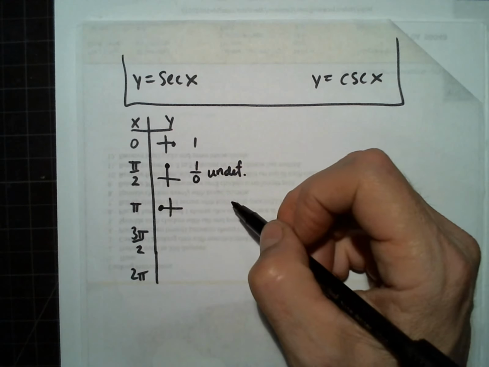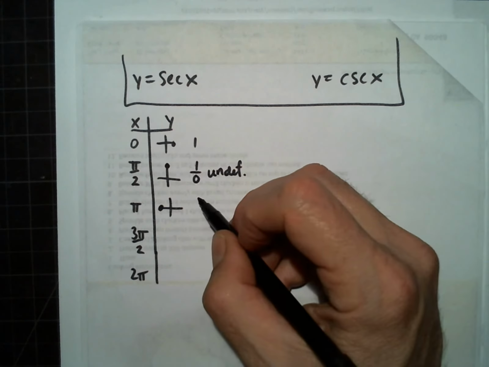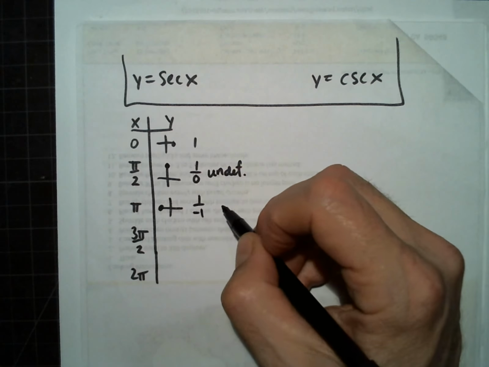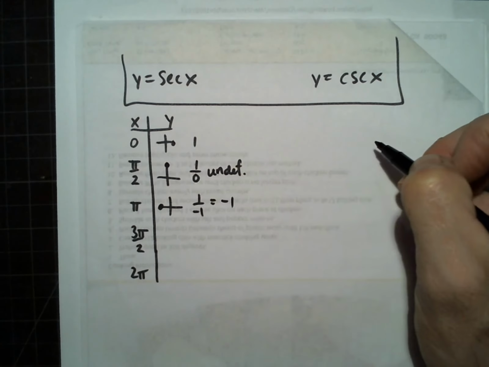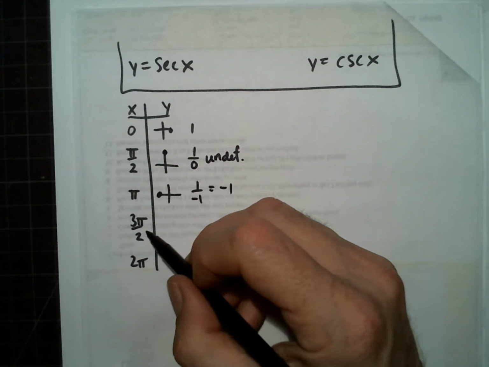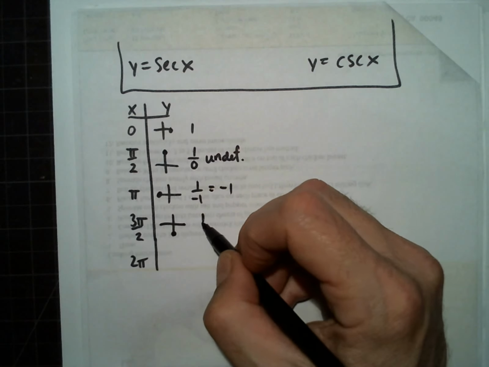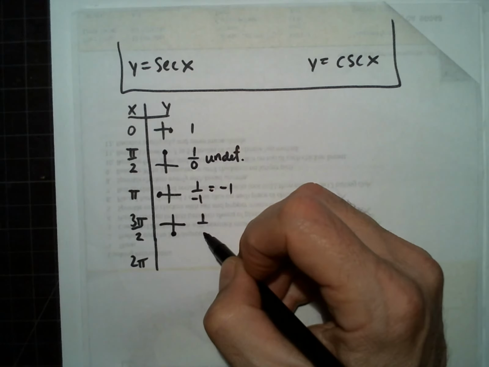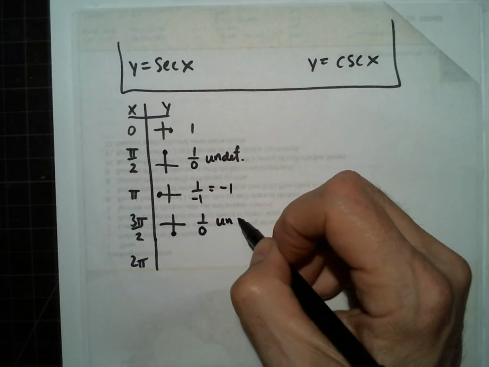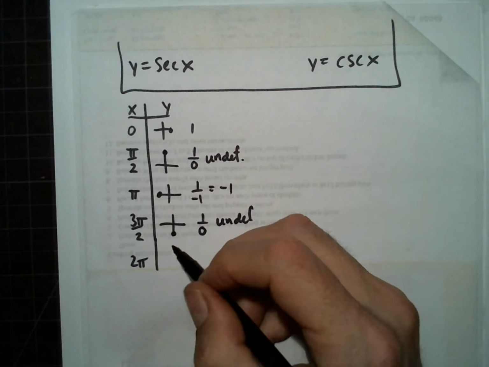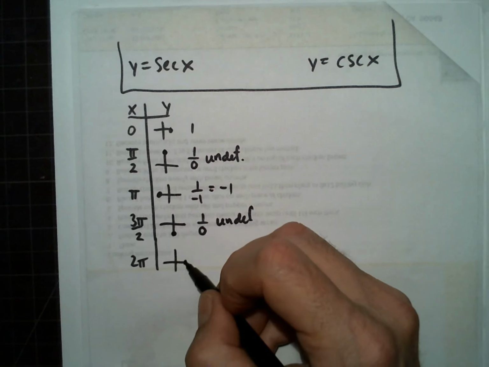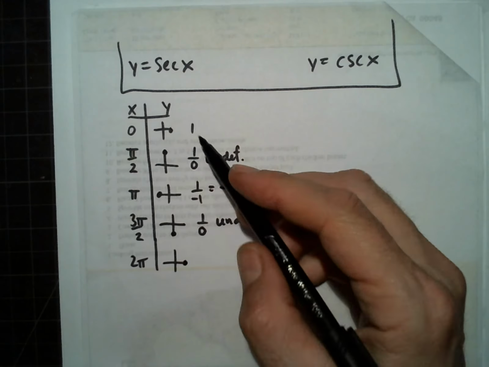At pi, the radius is 1, x is negative 1, so the value is negative 1. 3 pi over 2, radius is 1, x is 0, undefined. And 2 pi, we're back here, and that'll be at 1.